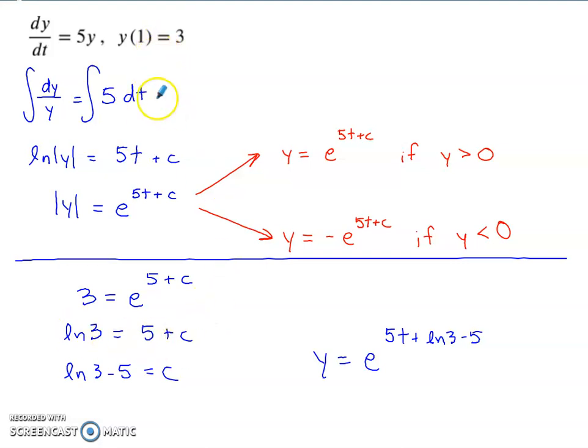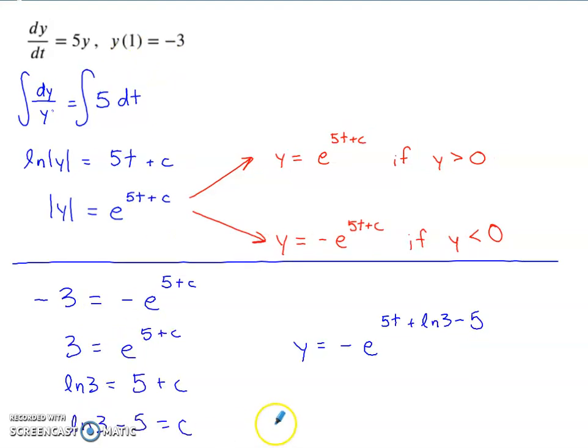And when I click ahead, you're going to see all this work at the top of the screen is going to be applied again. And this should make sense why. The only thing that changes in the next version of the problem is the initial condition I'm going to be using. So I've got all the same work up here, but now when I plug in my initial condition, I put a negative in place of y, and the only way that I can have the two sides of this equation equal to one another, if a negative's going in for y, I'm going to need to maintain use of the negative in front of the base e.